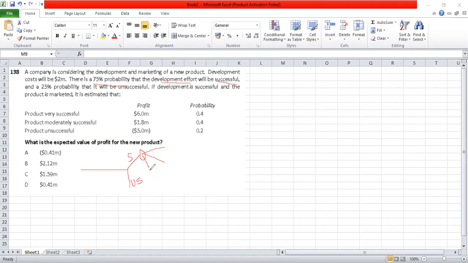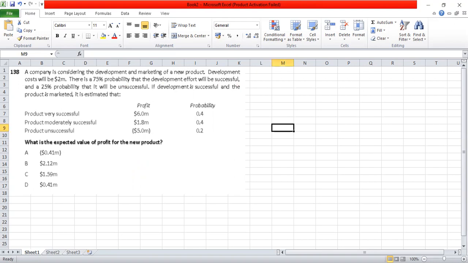The development effort is further looked into: after the development effort is successful, whether at the next level, the product would be successful or not. So the branches are opening up. Now in this case, we have to take up the decision tree analysis and answer this one. So all of you be ready, and we will take this up.